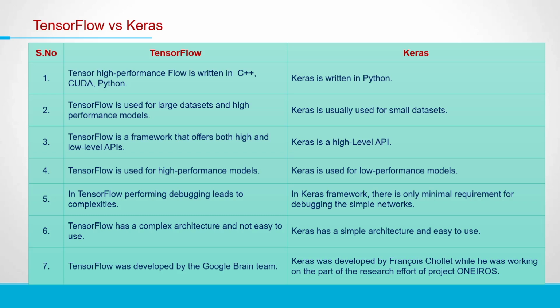The TensorFlow framework offers both high level and low level APIs, whereas Keras supports only high level APIs. In terms of architecture, TensorFlow is complex, whereas Keras has a very simple architecture. Keras was developed by François Chollet while working on a research project called ONEIROS, whereas TensorFlow was developed by the Google Brain team.